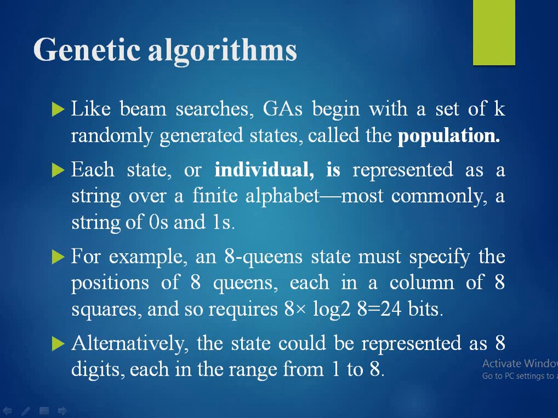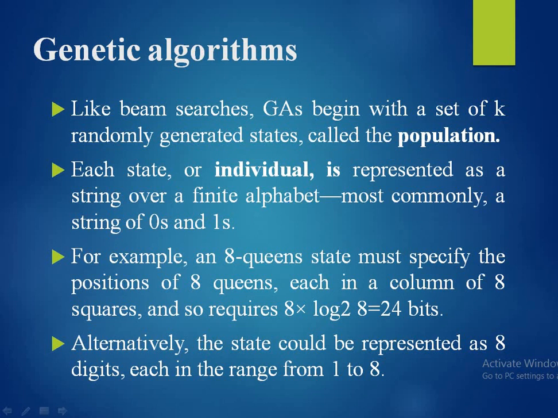So each state, or individual, is represented as a string over a finite alphabet, most commonly a string of zeros and ones.